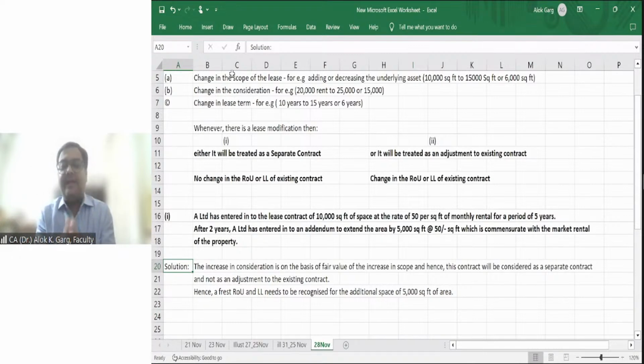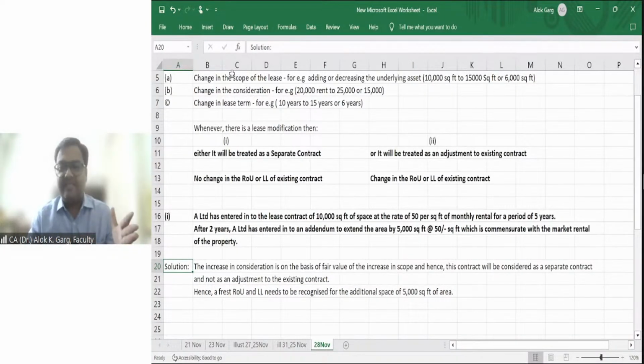Hence, if there is an increase in the scope of the lease where the consideration is not commensurate with the market rental for the increase in scope, this will not be considered a separate contract. This will be considered an adjustment in the main contract, right?